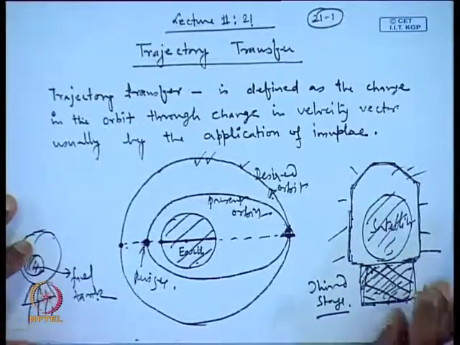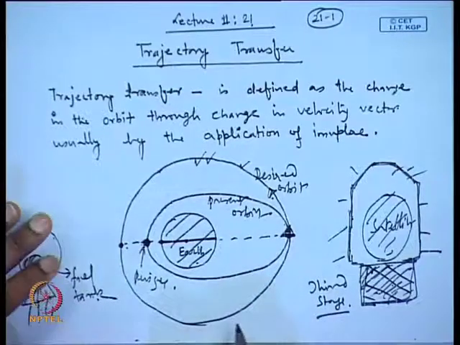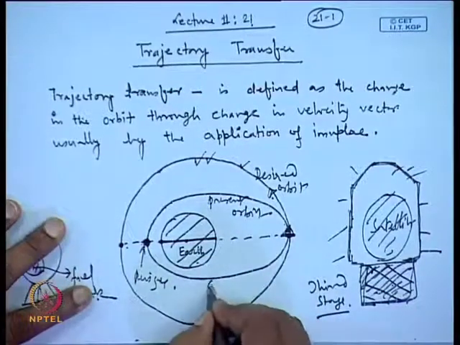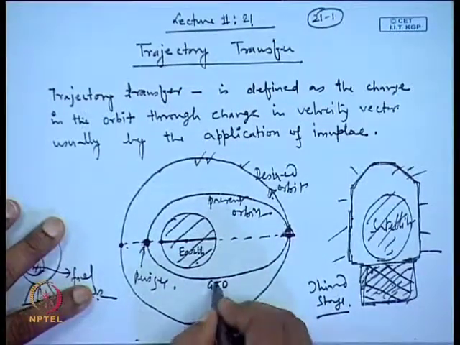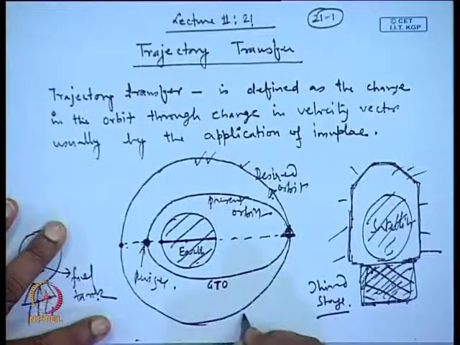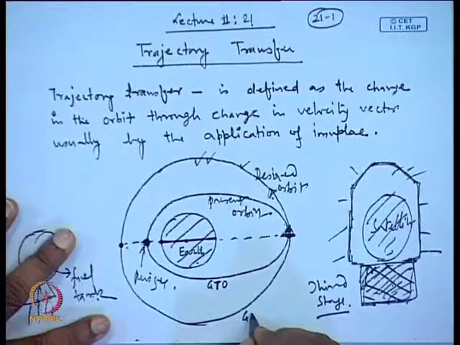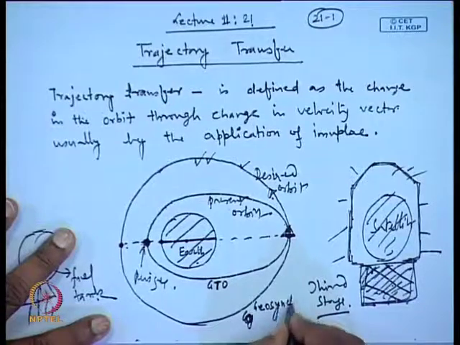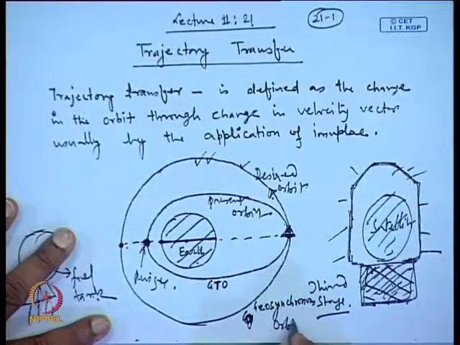Okay. So, the situation that I have presented here is also called the geosynchronous transfer orbit. Let us say this is the geosynchronous orbit. Okay.